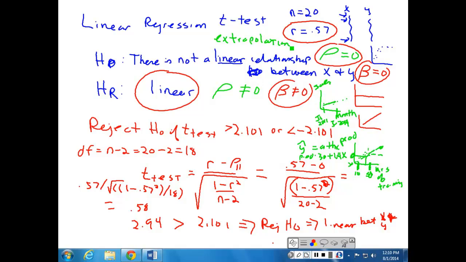Now, did everybody get an R of 0.7317? I'm just checking to see whether this guy got his numbers in there right. A t-test of 2.629? Well, I better check your work.